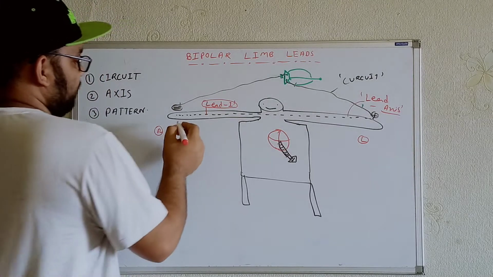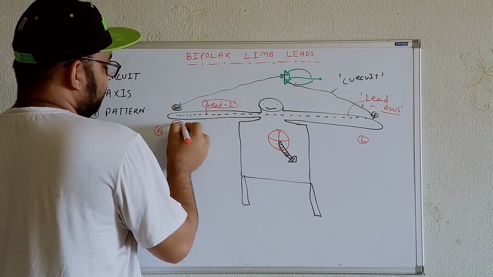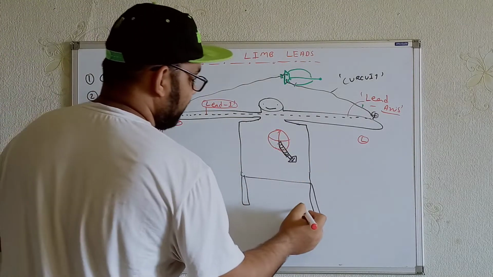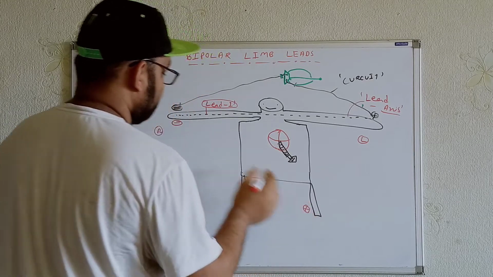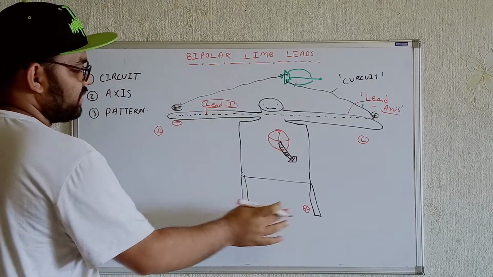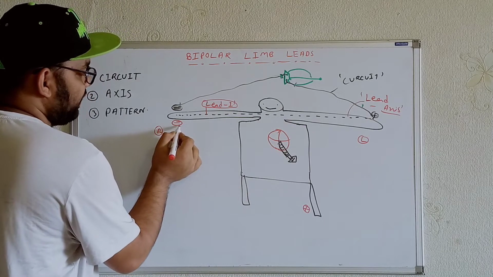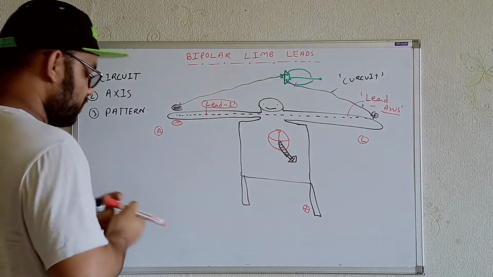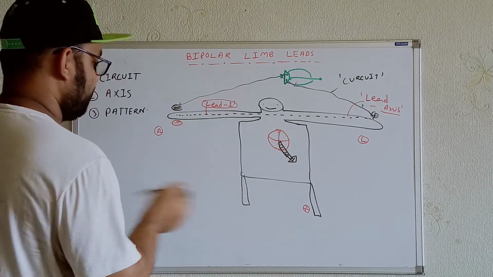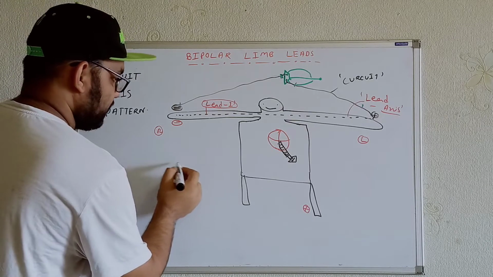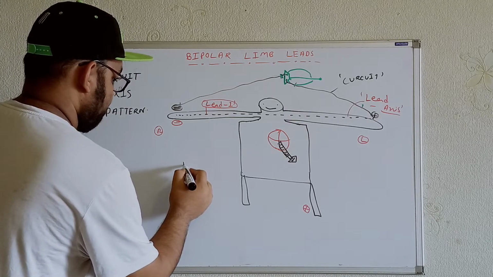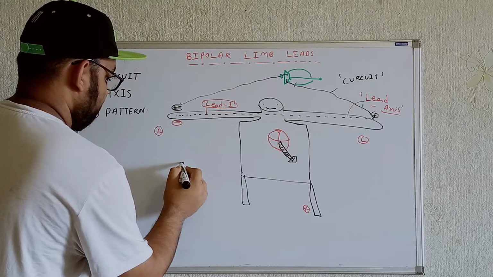Now see, for that I'll take more leads. For example, here I'm taking one more lead, with the negative pole and the positive pole over here, and definitely I have to use the galvanometer here also.